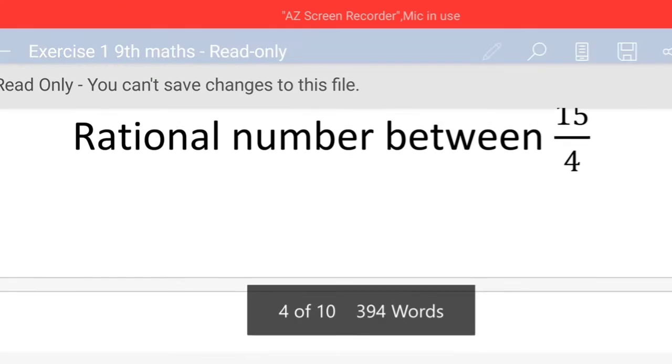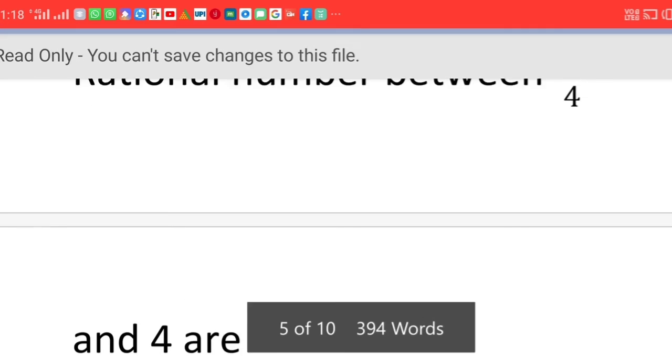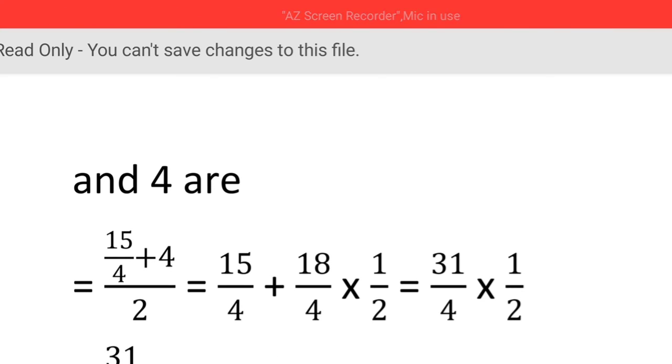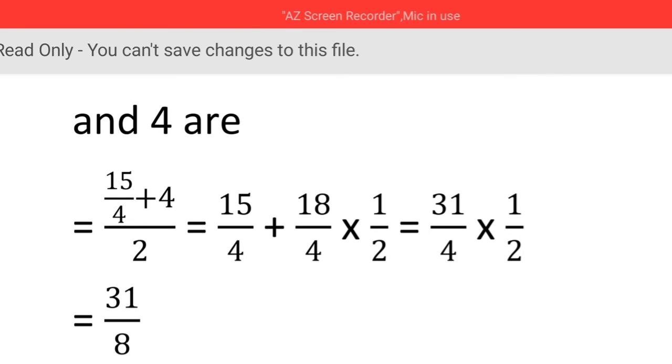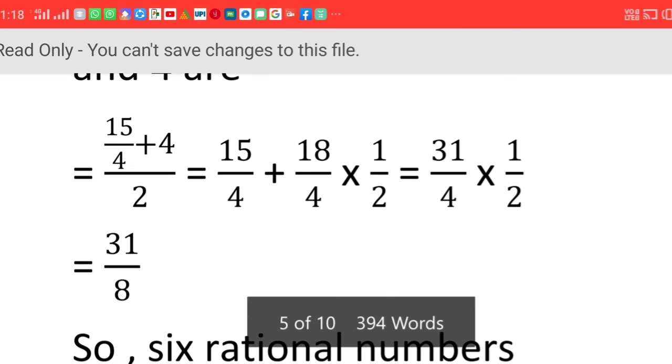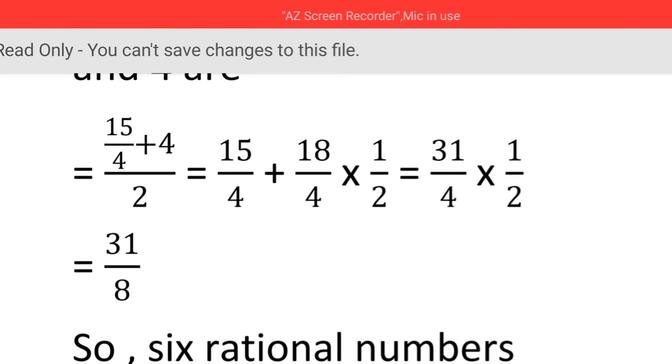Then rational number between 15 by 4 and 4. 15 by 4 और 4 के बीच में एक नंबर है, वो फाइंड आउट करना चाहिए. 15 by 4 plus 4 by 2. How to do this one? 15 by 4, we are writing that.